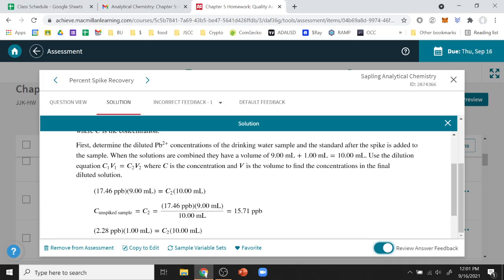And so you're going to use the dilution equation, which you probably remember from Gen Chem, where C is your concentration. You have concentration at state 1 times the volume at state 1 equals the concentration at state 2 times the volume at state 2. Note that as long as your concentrations and volumes have the same units on both sides, you are good to go.